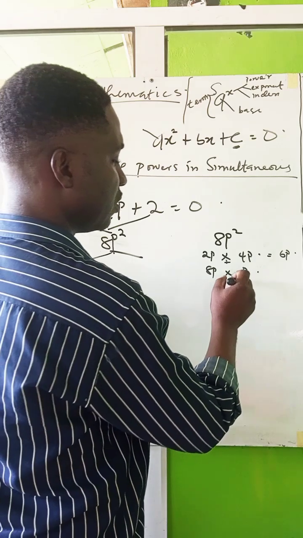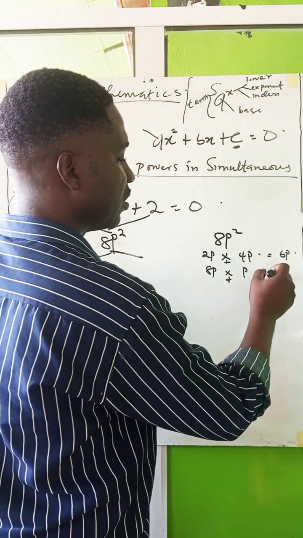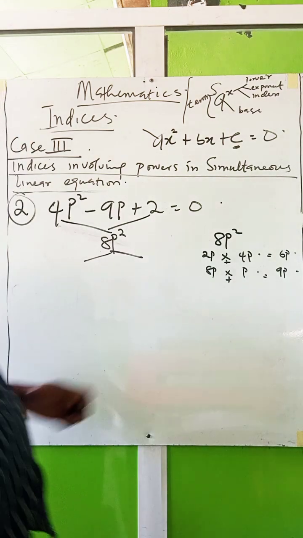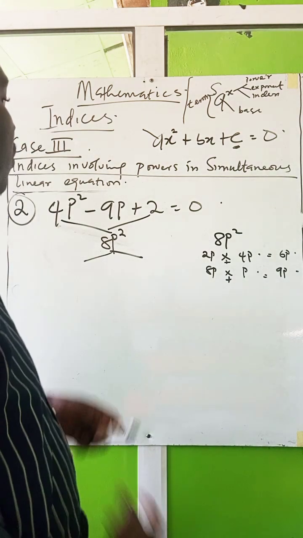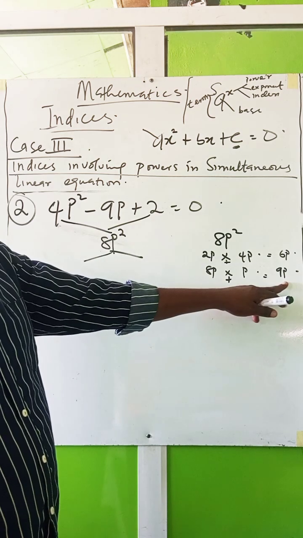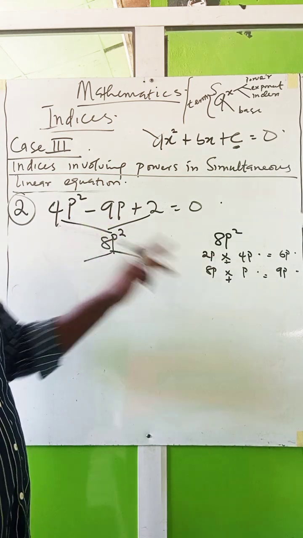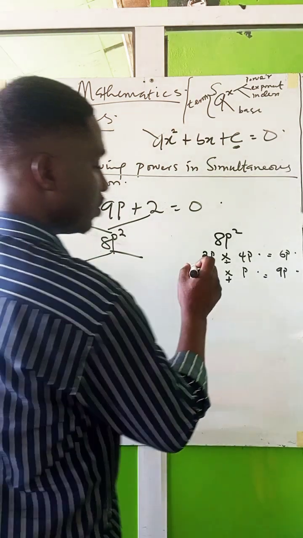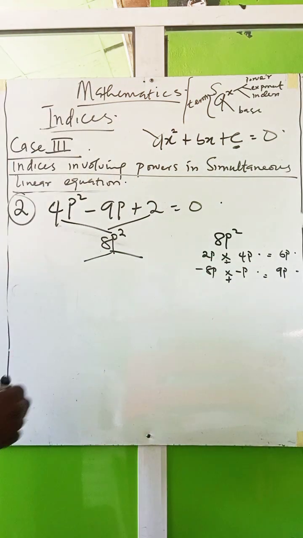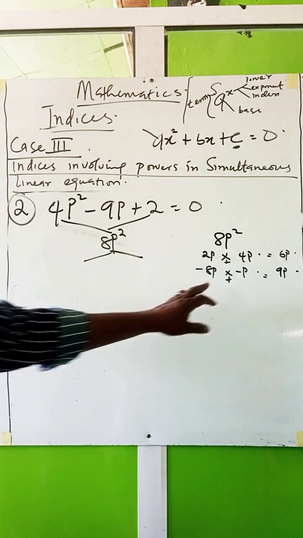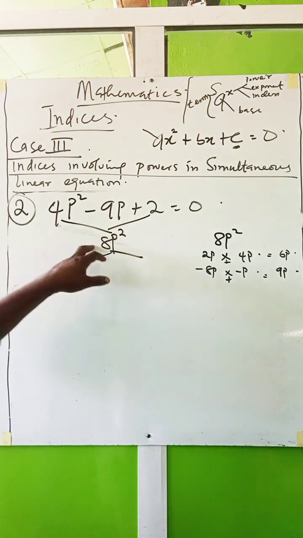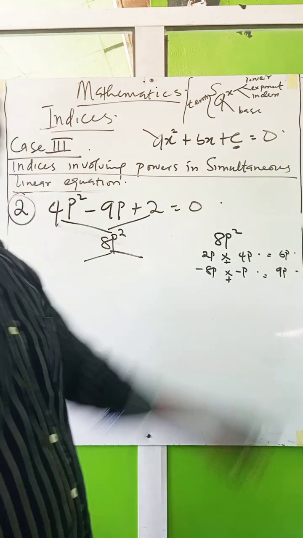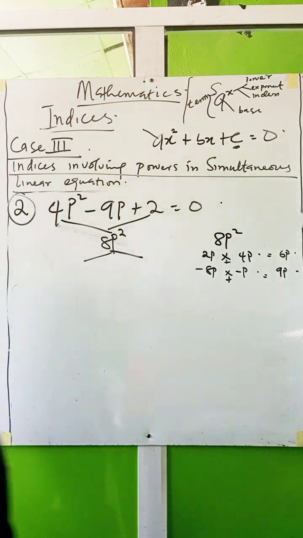Adding 8p and p gives us 9p. So for us to get 9p, we need to know where we are going to put our minus. Minus here, minus here. If we multiply, it will still give us 8p squared, and if we add, it will give us minus 9p.